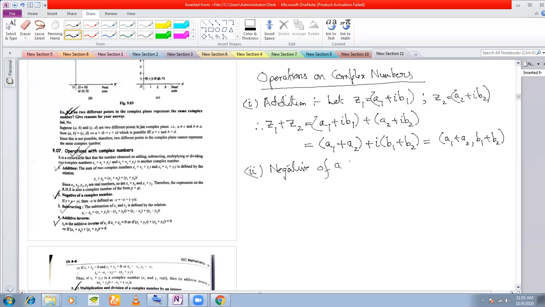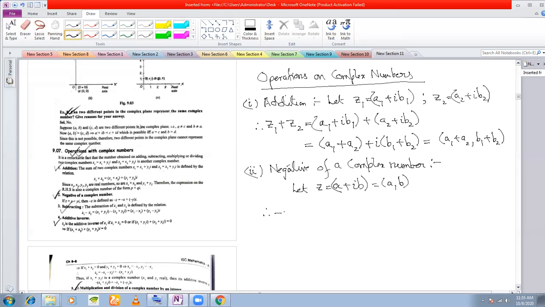Next is the negative of a complex number. What do we mean by the negative of a complex number? Let us say I take z = a + ib, which can obviously be written as (a, b) also.